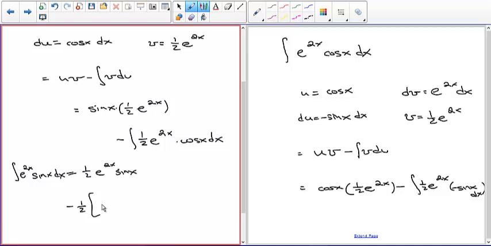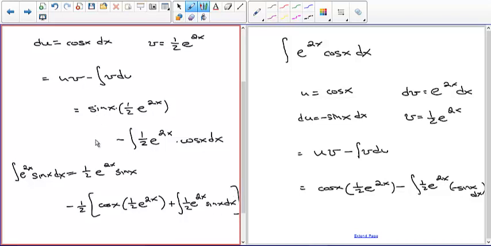So that's negative 1/2 times cosine of x times 1/2 e to the 2x minus the integral of 1/2, and let's take this negative sign and cancel those out, so that's positive. So you get 1/2 e to the 2x, 1/2 e to the 2x sine of x dx, close bracket.